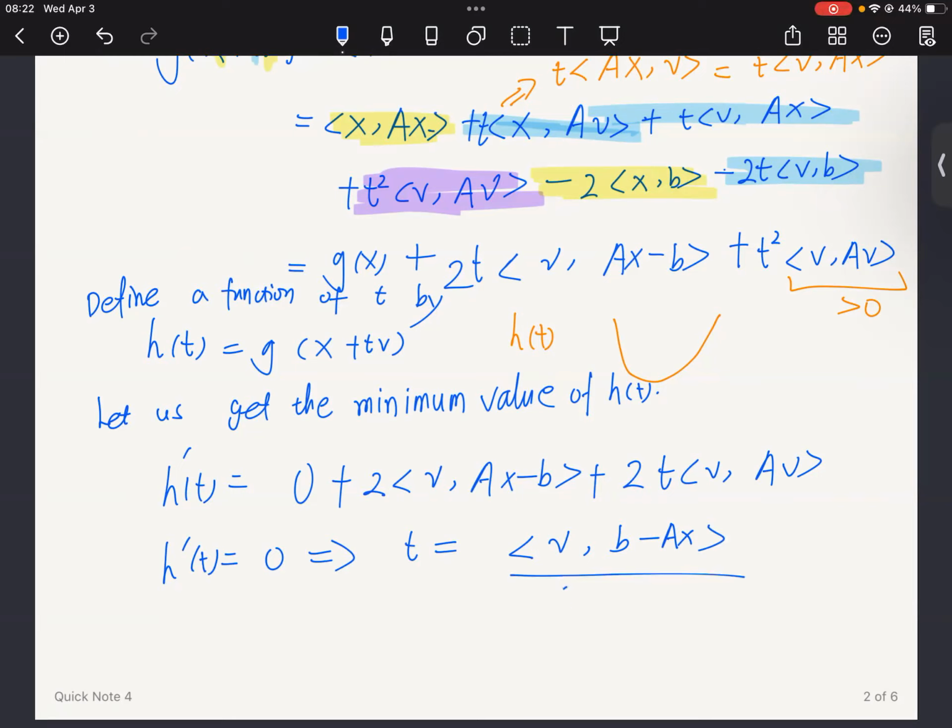This is the solution for h prime(t) equals 0. Any questions here? Because this is a quadratic function that opens up, this critical point should produce the minimal value of h(t).